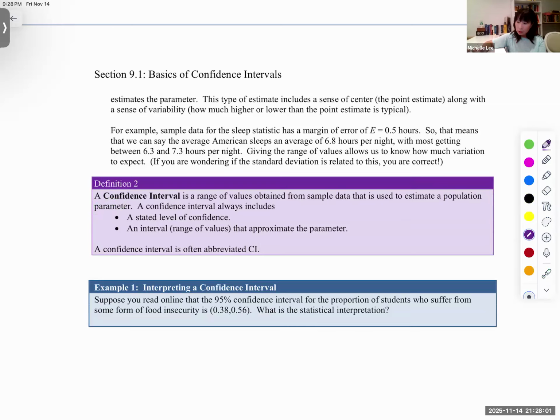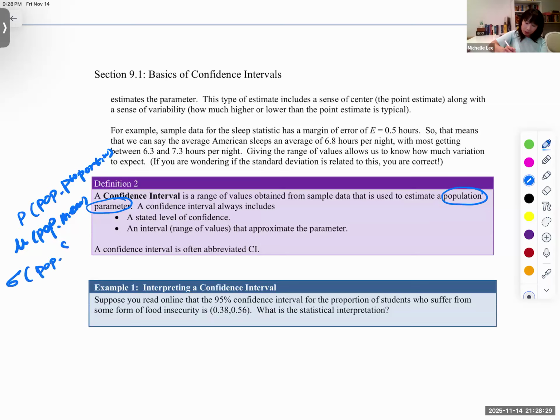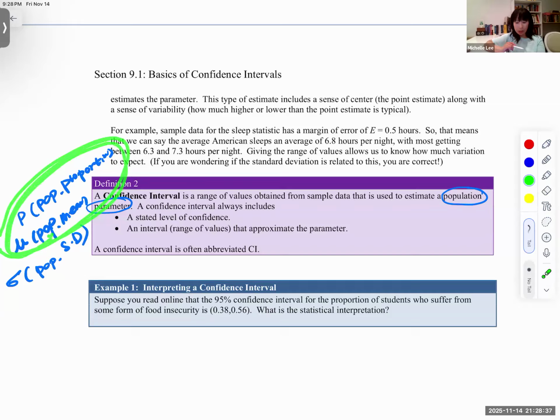Population parameters: P, population proportion, and mu, population mean, right? And we have another parameter, sigma, population standard deviation. But we are going to use only two: population proportion and population mean. All right.